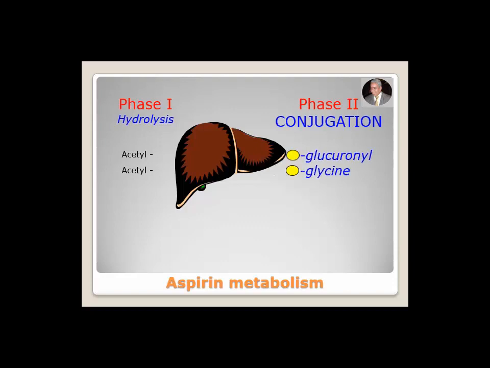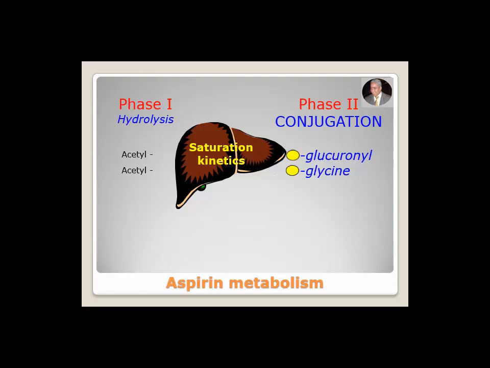The salicylates are conjugated with another moiety, e.g. glycine, glucuronic acid, etc. However, this step depends on the availability of the conjugated moiety. If it is not available, the reaction cannot proceed.